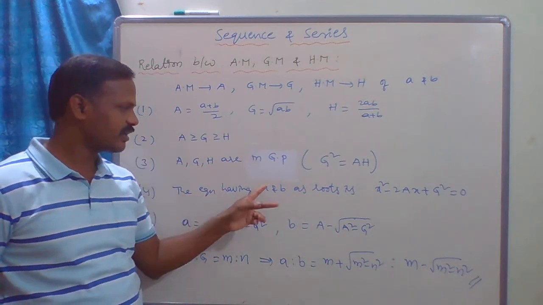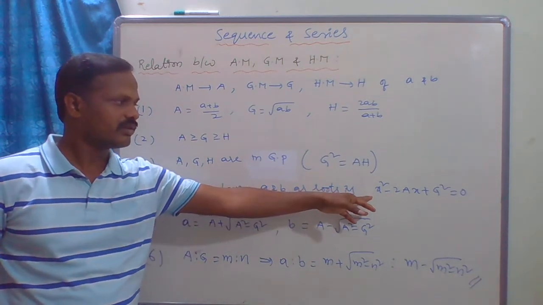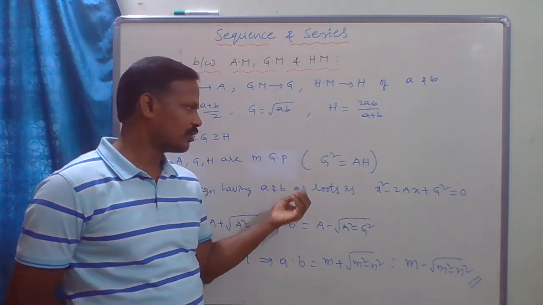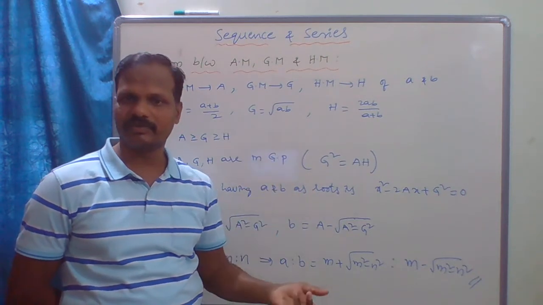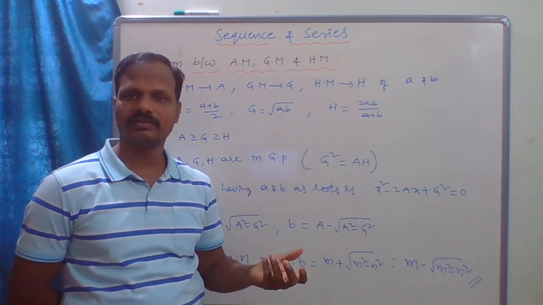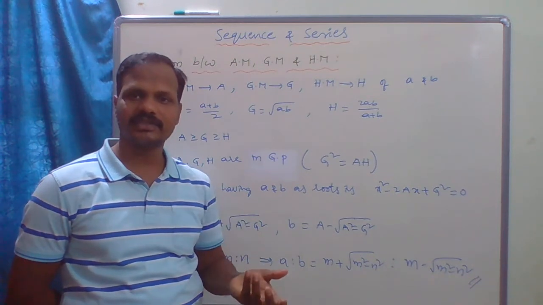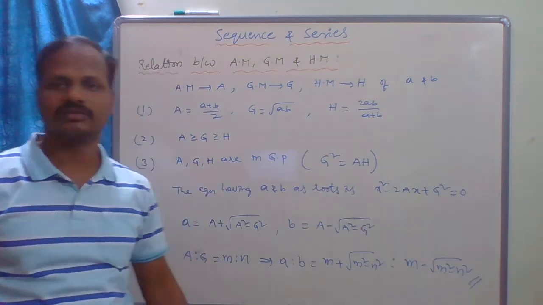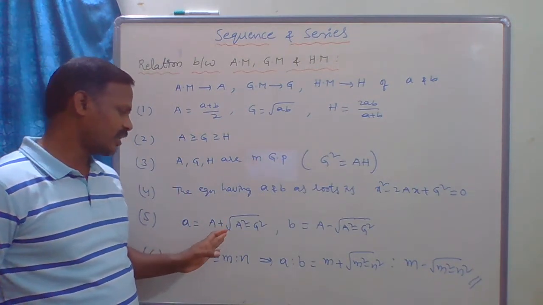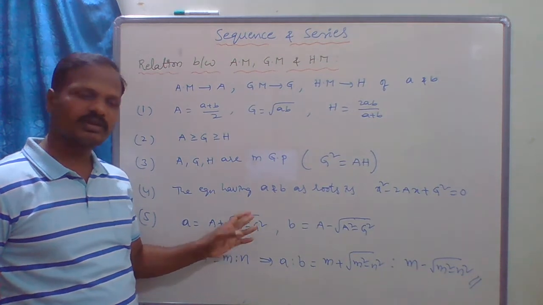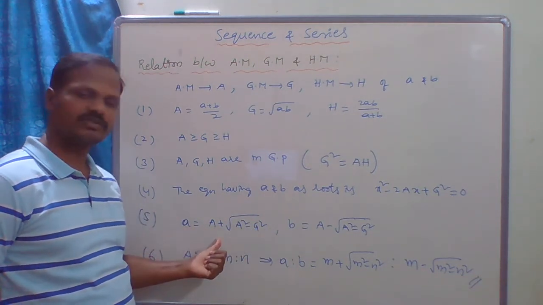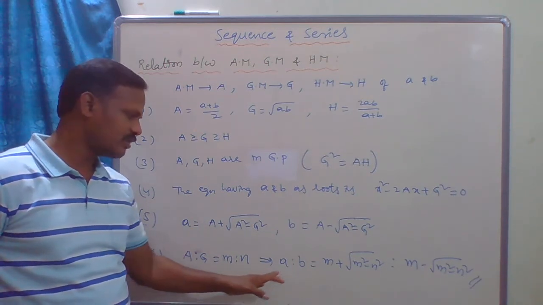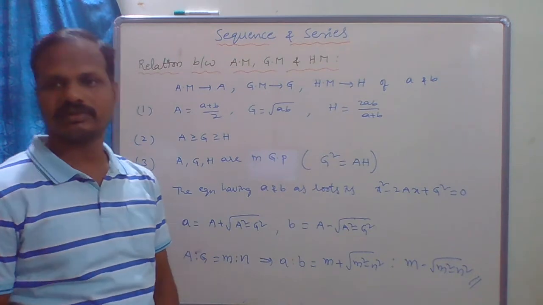Next, the equation having a and b as roots is x square minus 2Ax plus G square equal to 0. If AM and GM are given, then we can find those numbers a and b by using this formula. If A is to G is m is to n, then the numbers are in this ratio. Clear?